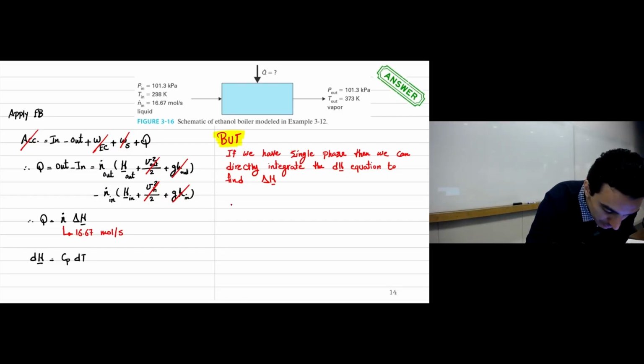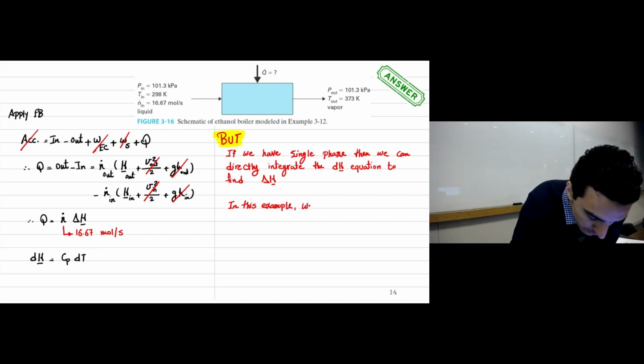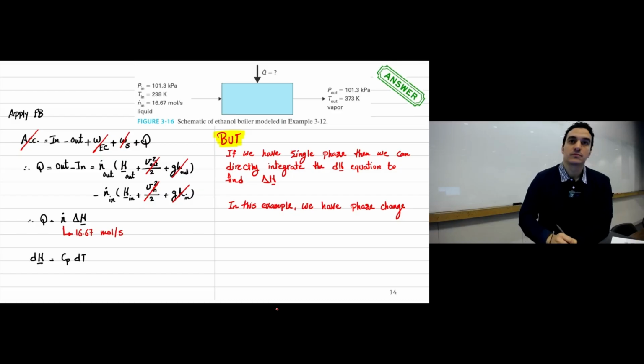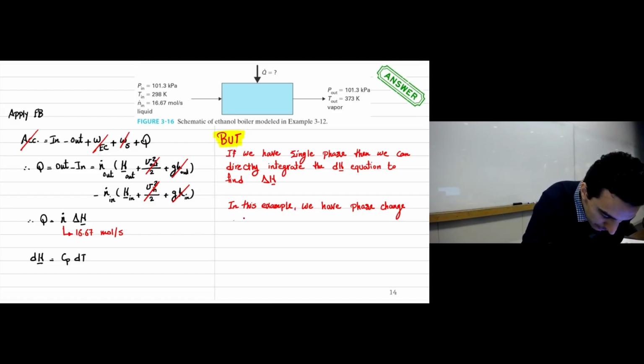But here in this example, we have a phase change, because the inlet was liquid and the outlet is vapor.